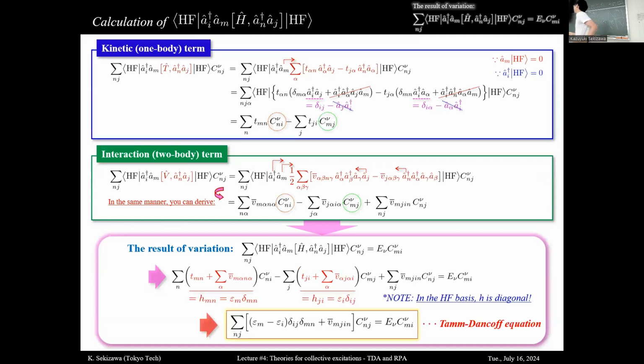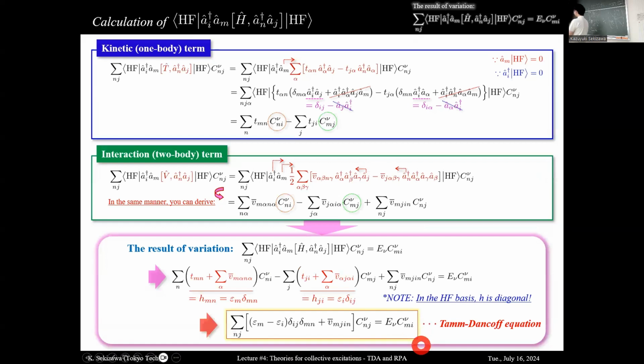So okay, here you have this excitation energy, and in addition to that, you have these interaction matrix elements. And the coefficient C must fulfill this equation.